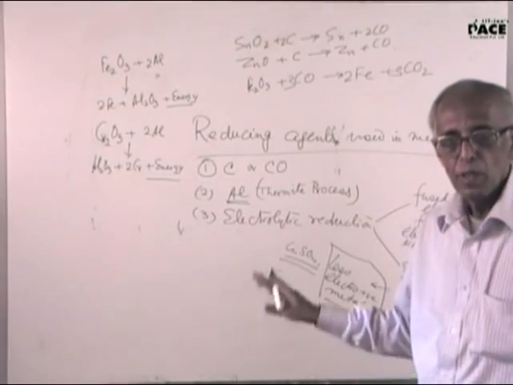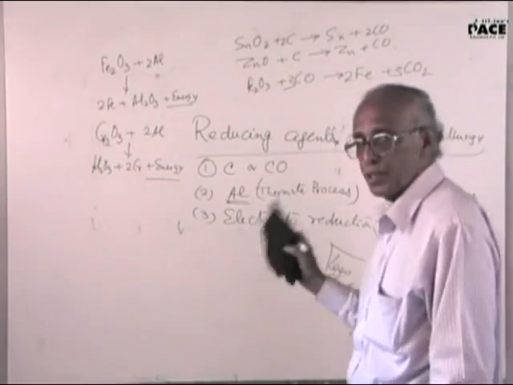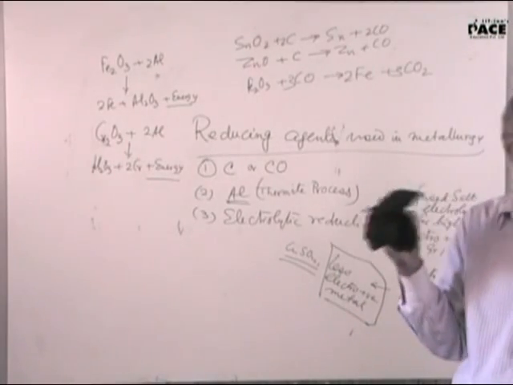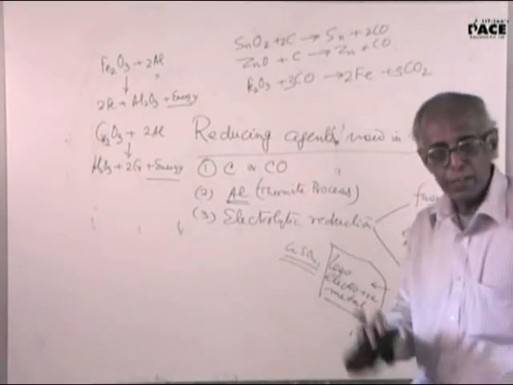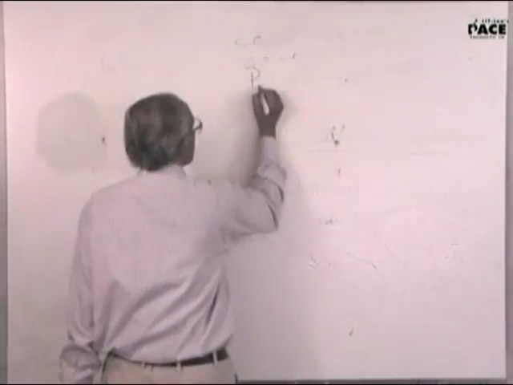So, after the reduction of the oxide to the metal, or electrolytic reduction, what are the purification methods?